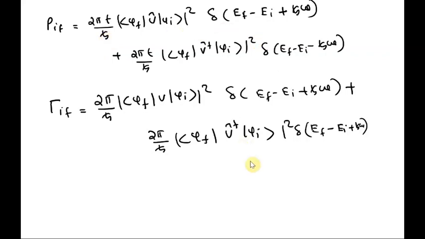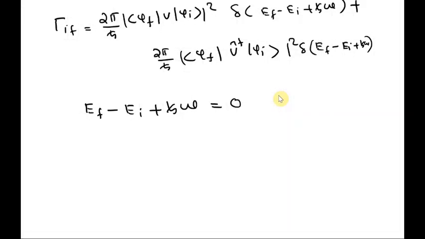One instance is when E_f minus E_i plus h cross omega equals 0, or E_f minus E_i minus h cross omega equals 0. Whenever it satisfies one of these conditions, you have a non-zero value for your transition probability, and in all other instances your probability of transition is more or less 0.